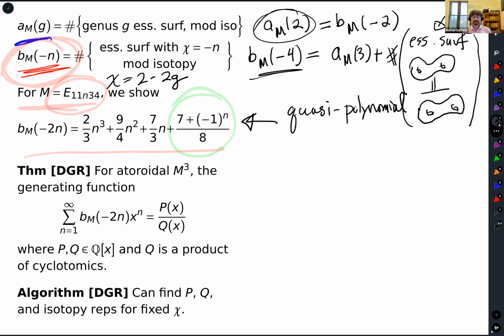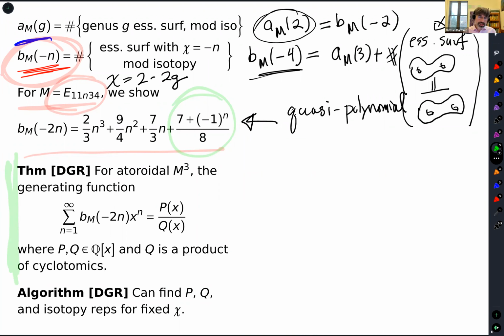The fact there is a formula like this turns out not to be specific to the Conway exterior. So we prove a general theorem, which is that for any toroidal 3-manifold, these Bm counts always satisfy this kind of structure.